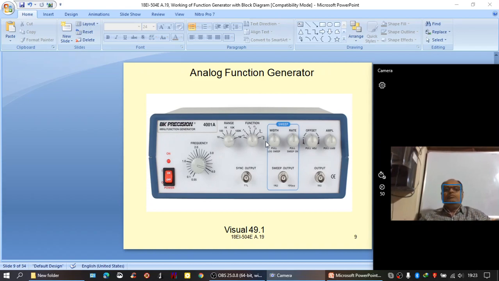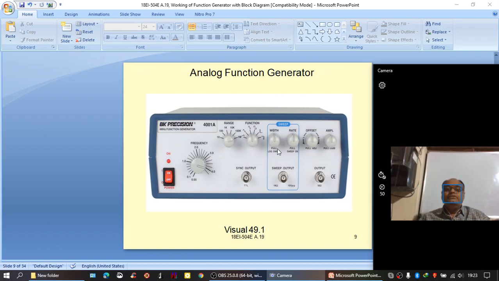So, by selecting the function switch to any one of these positions, the signal of that particular shape can be made available at the output terminal here.